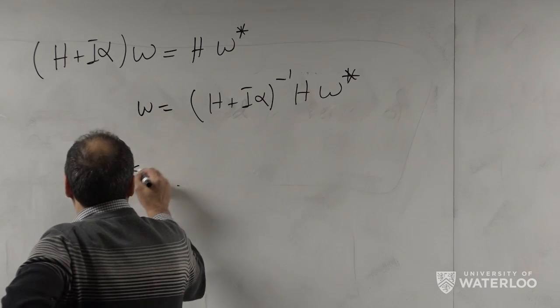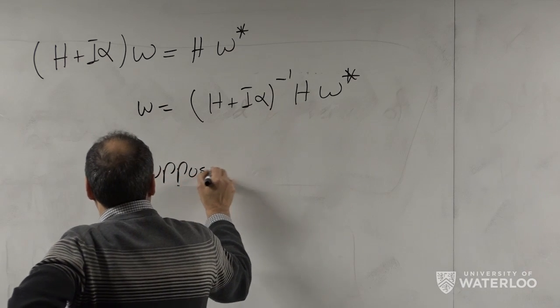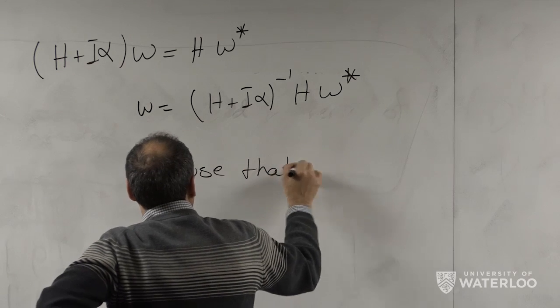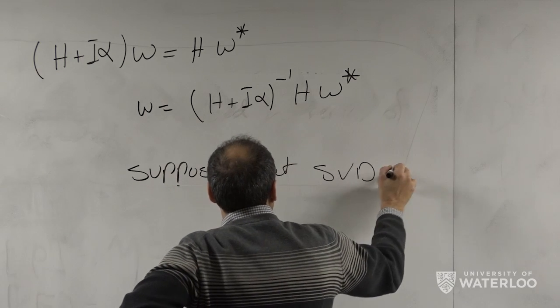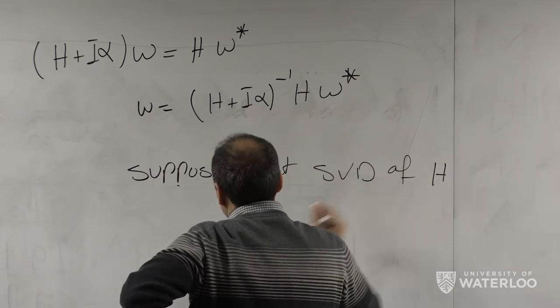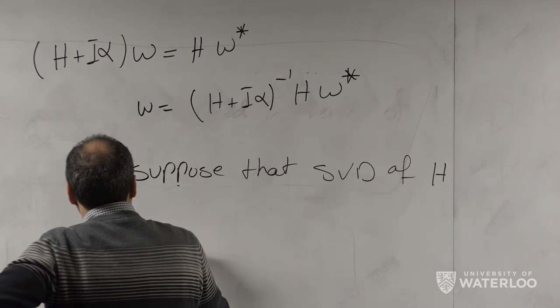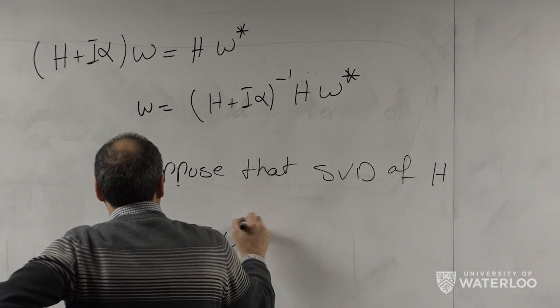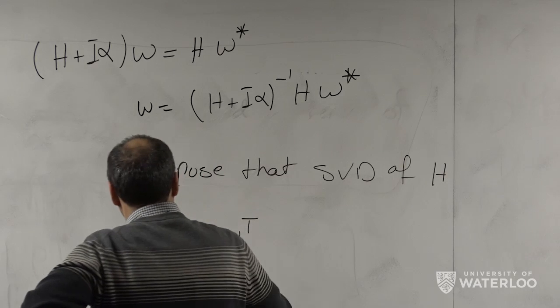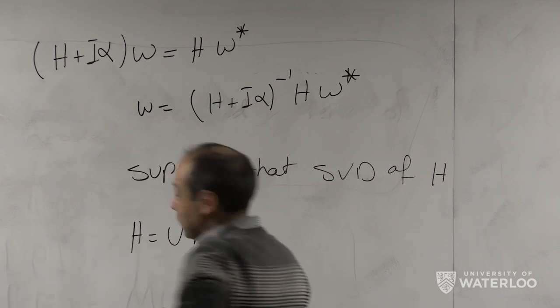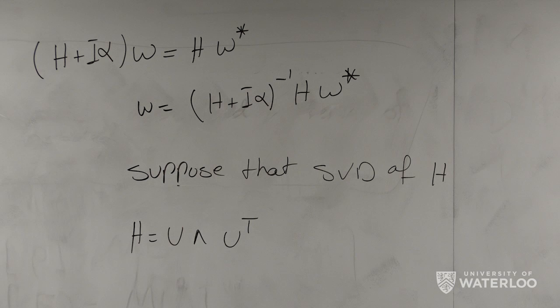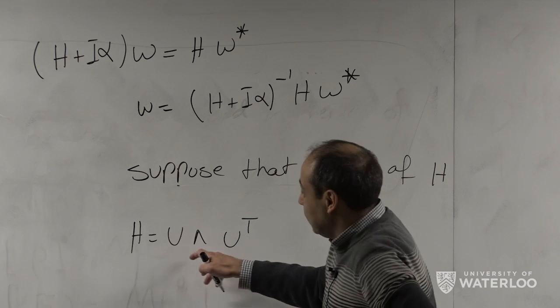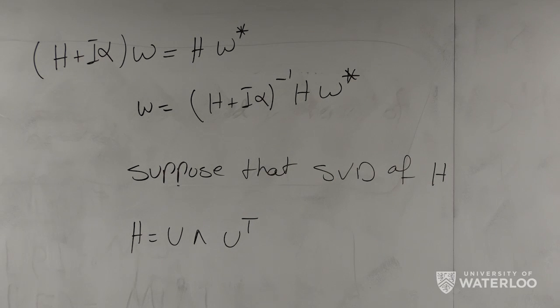So suppose that the singular value decomposition of H is U sigma U transpose, or U lambda U transpose. I just do singular value decomposition on H. H is symmetric, so it's going to be U lambda U transpose.